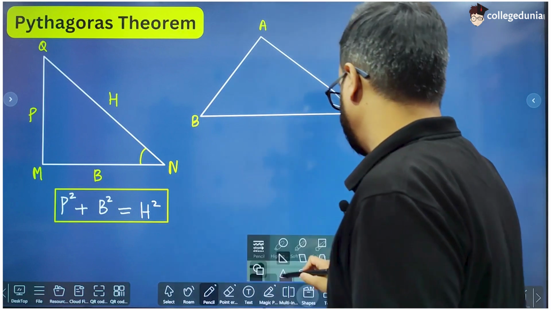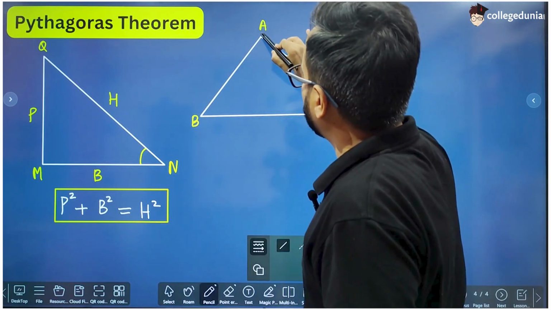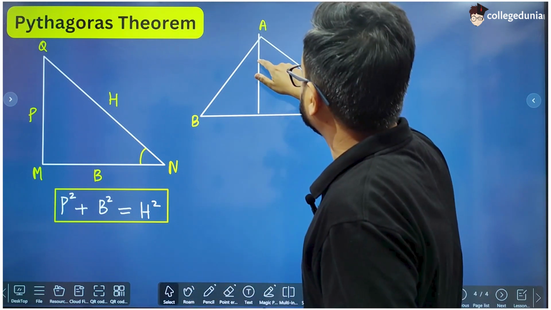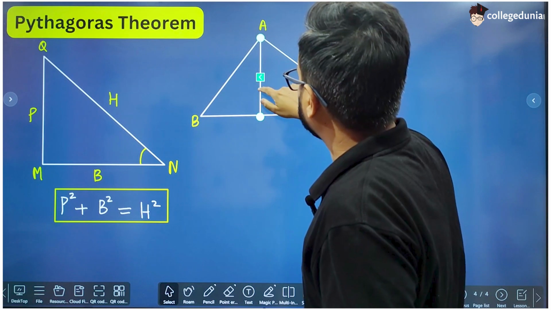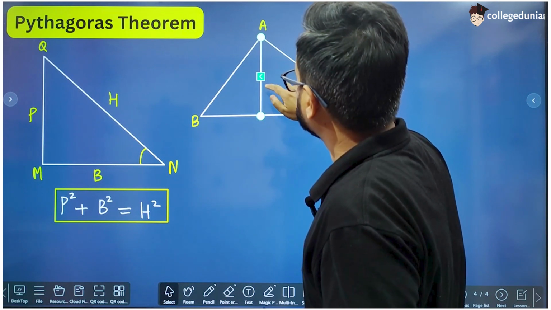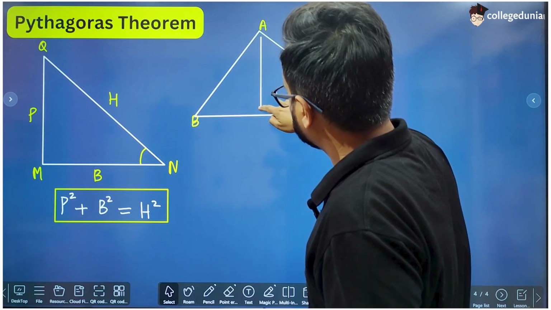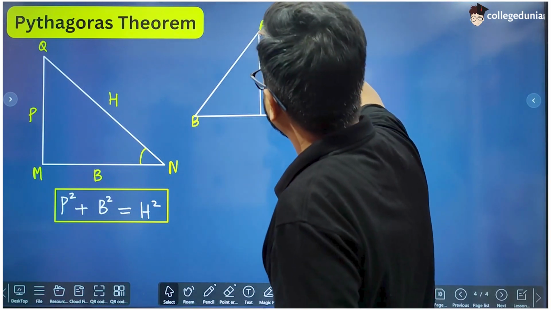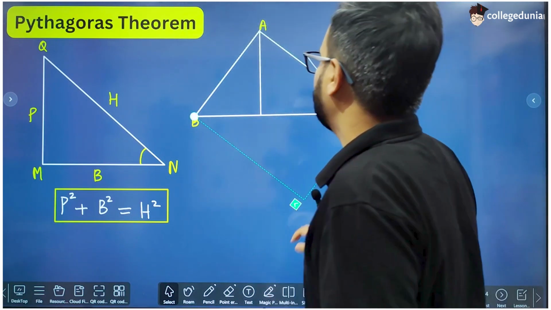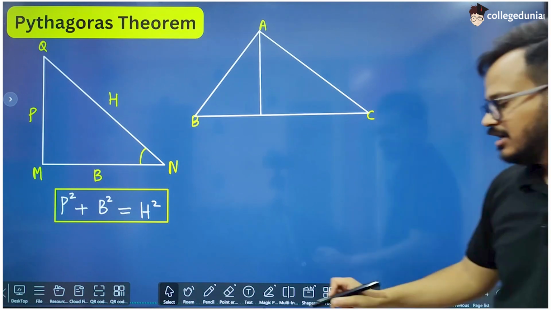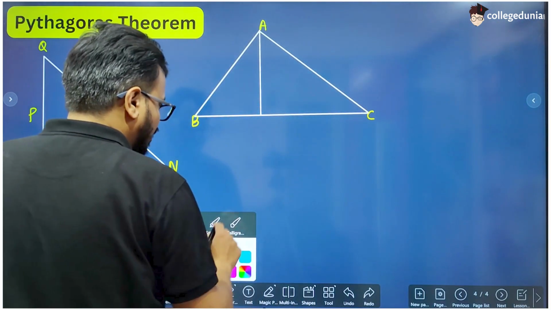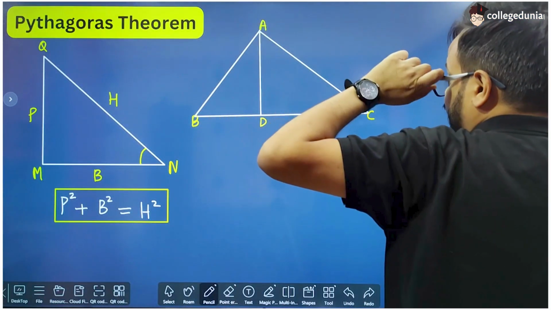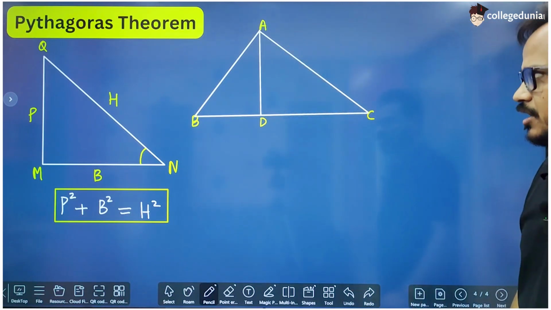Now let's do one construction. We will draw a perpendicular from A on the base BC, and let us mark this point as D. Now we know that this triangle is similar to the bigger triangle, and this triangle is also similar to the bigger triangle.